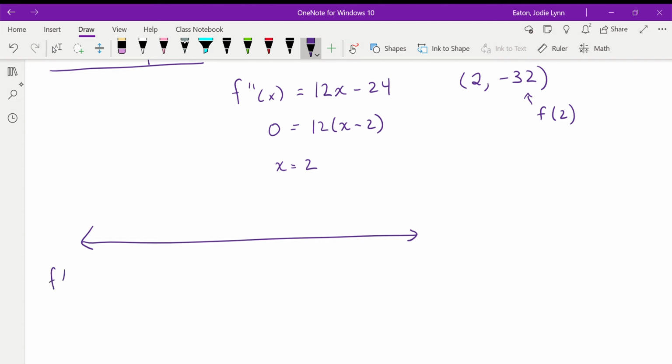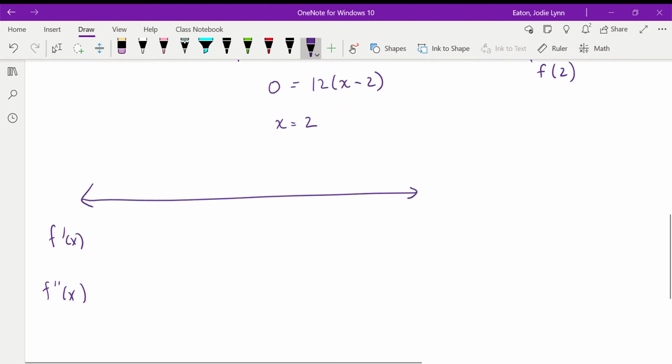So I'm going to put f prime of x, f double prime of x, and then we're going to do a sketch. And the points I'm going to put in here, I'm going to put 0 for x, because that was one of my critical points. The next important point was 2, which was my potential point of inflection, and then 4 was another one of my critical points.